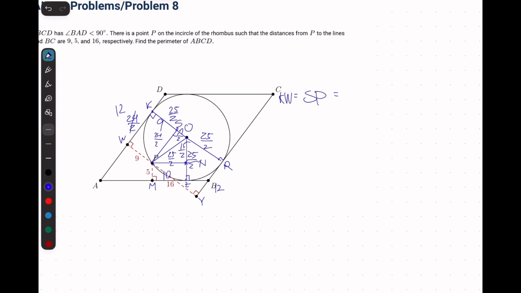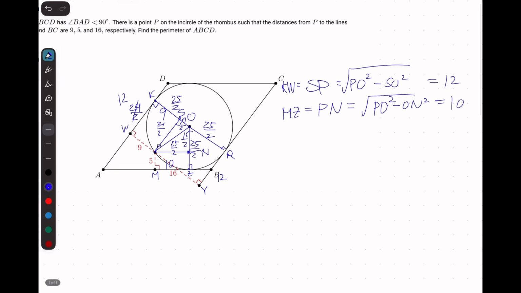So KW equals SP equals the square root of PO squared minus SO squared. And also MZ equals PN equals the square root of PO squared minus ON squared. This is equal to 12 and this is equal to 10.